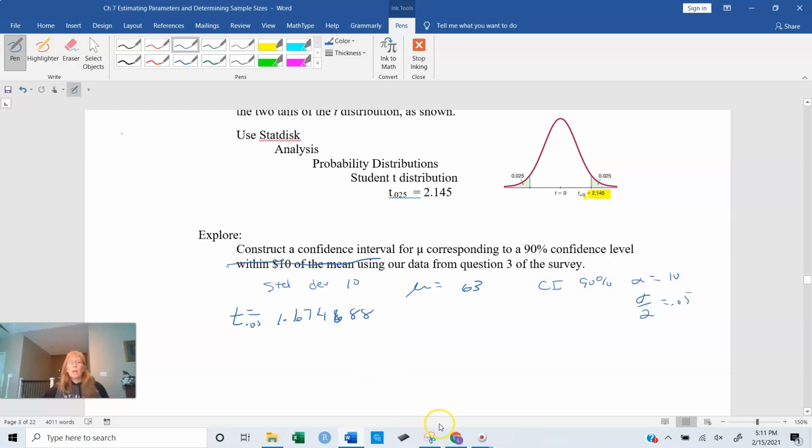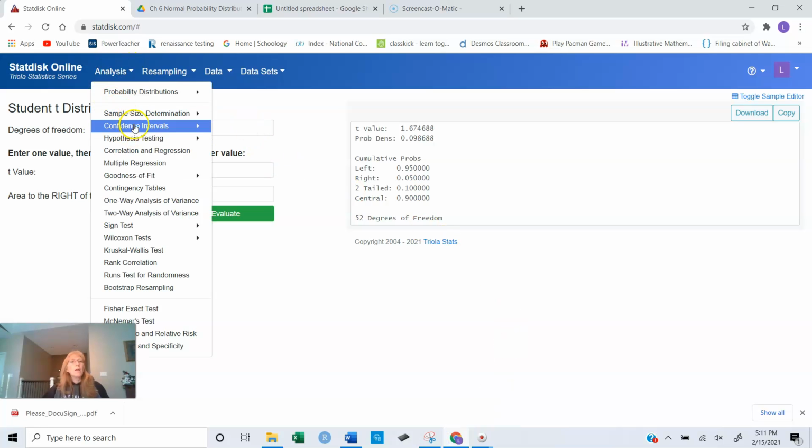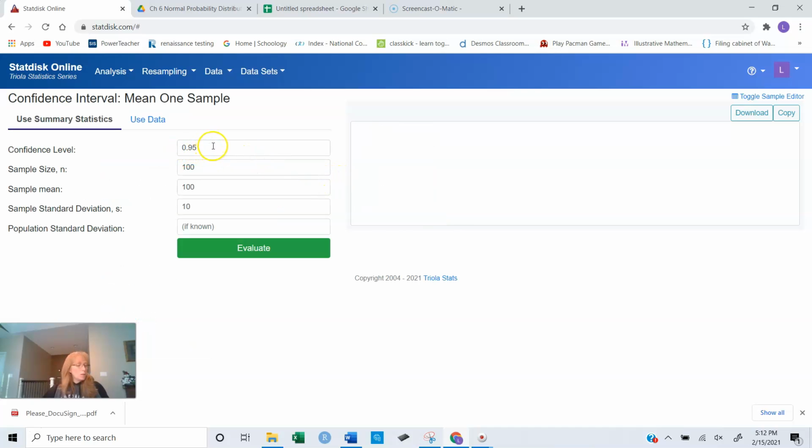So now, analysis, confidence interval, but this time it's a mean of one sample. Okay, confidence interval of 90%, so change that to 90. Our sample size was 53, and I have 52 of them.